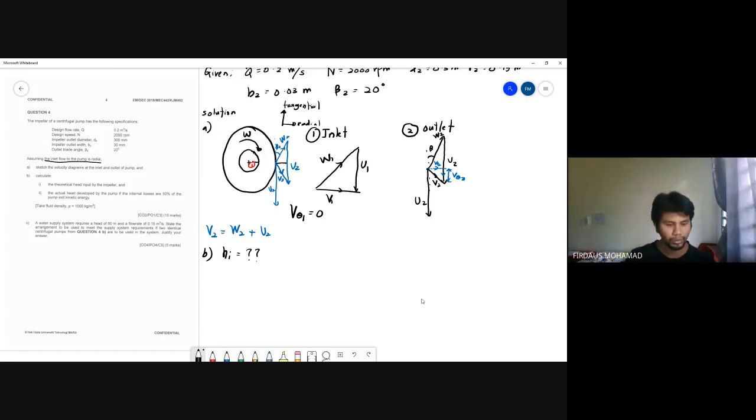Kita ada two methods, two equations to determine H theoretical.